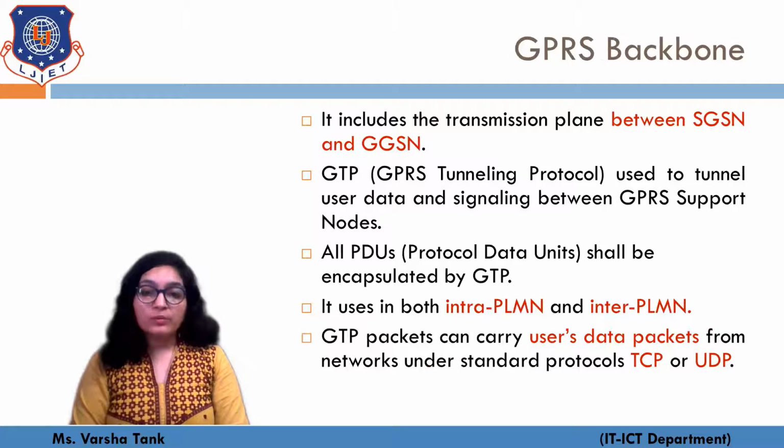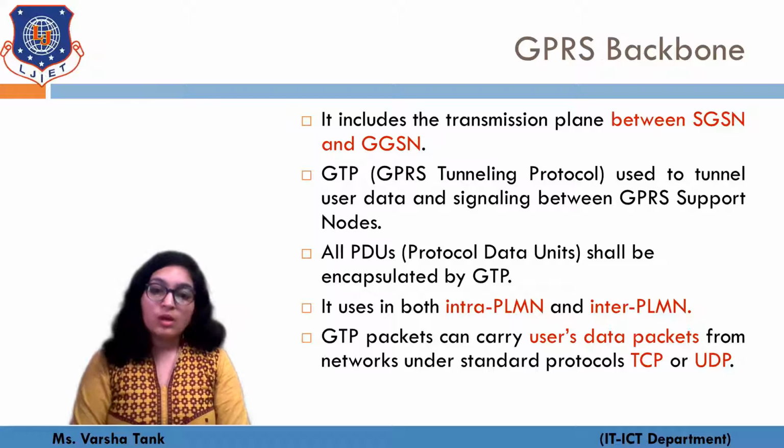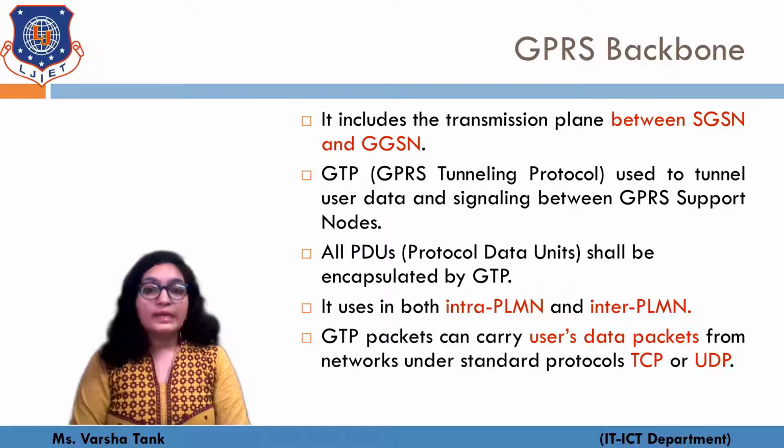Now the GPRS backbone. The GPRS backbone includes the transmission plane between the SGSN and GGSN. GTP, the GPRS tunneling protocol, is used to tunnel the user data and signaling between the GPRS support nodes. All the packet data shall be encapsulated by the GTP. It uses both intra-PLMN and inter-PLMN.